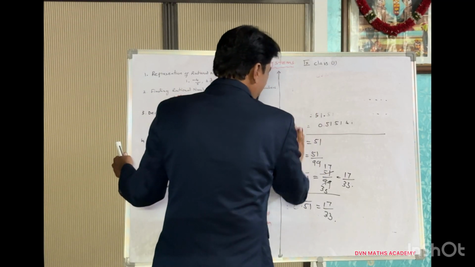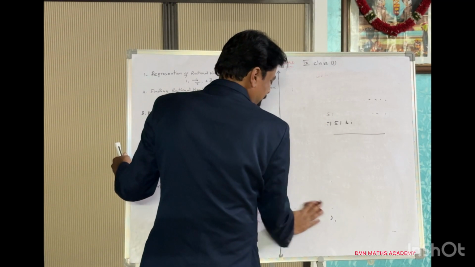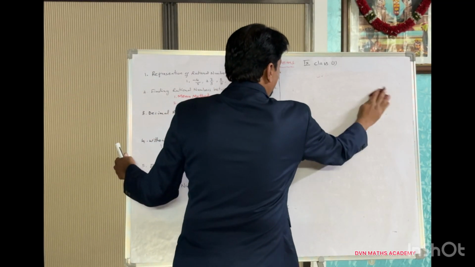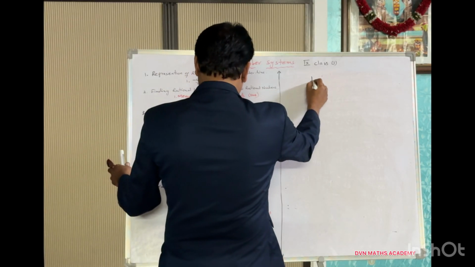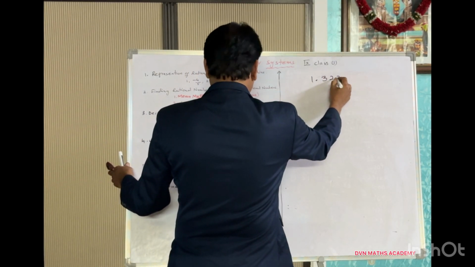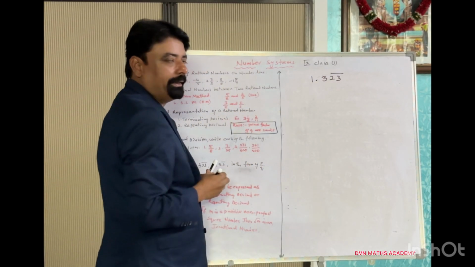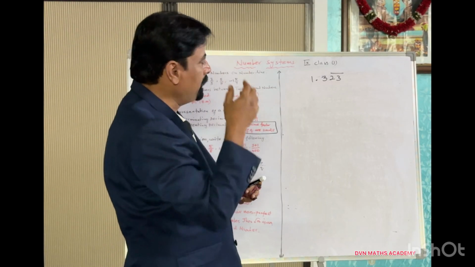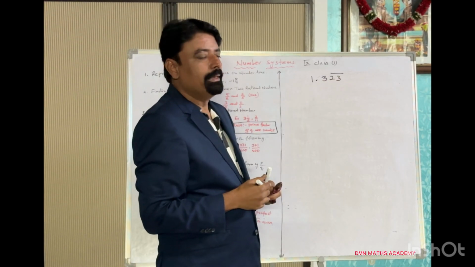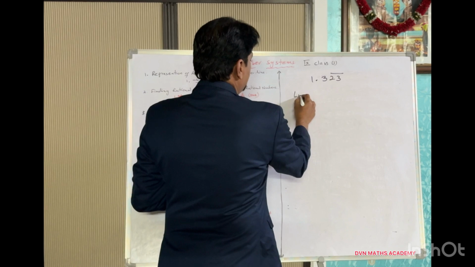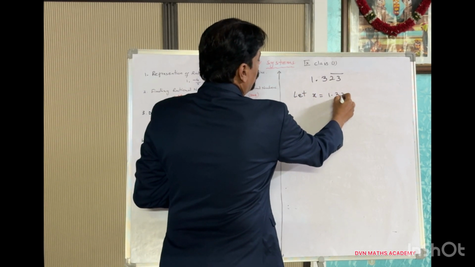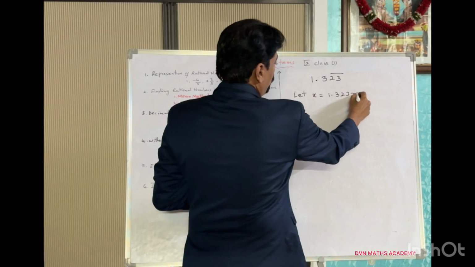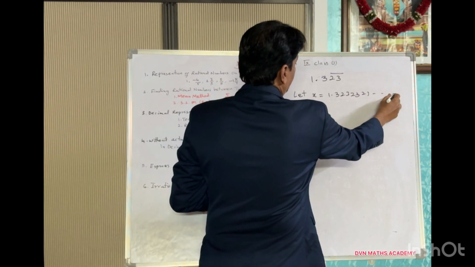So I will take another example, that is 1.323 bar. Here the bar is on 2 3. Same method: let x be equal to 1.323 bar, which means 2 3 2 3 2 3 is repeating.